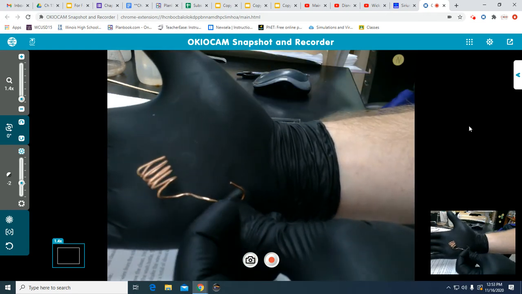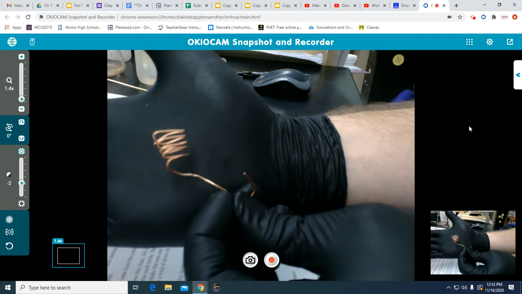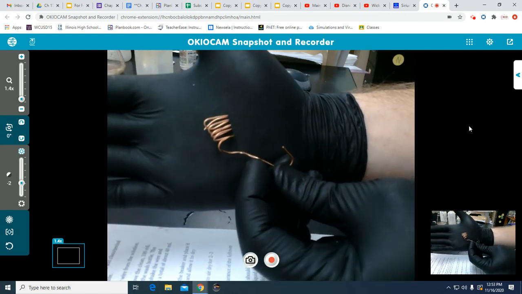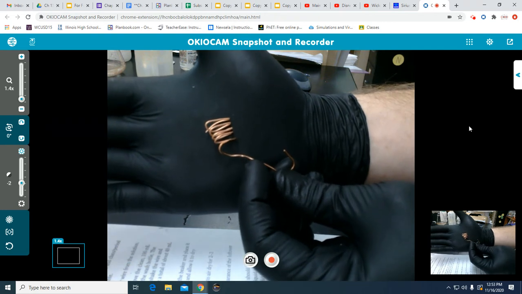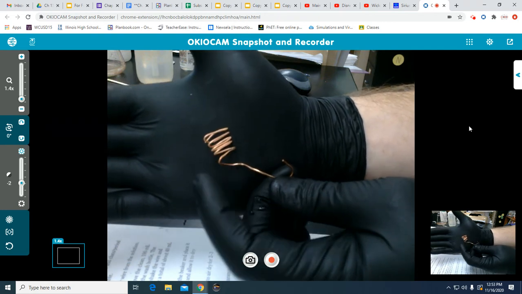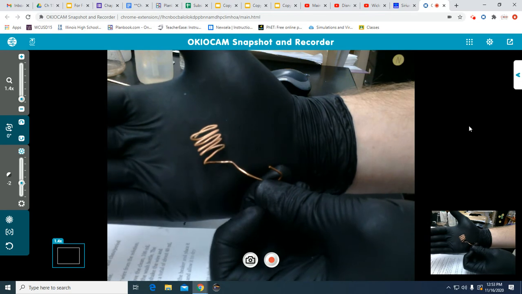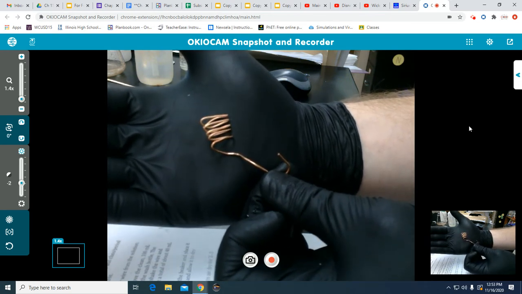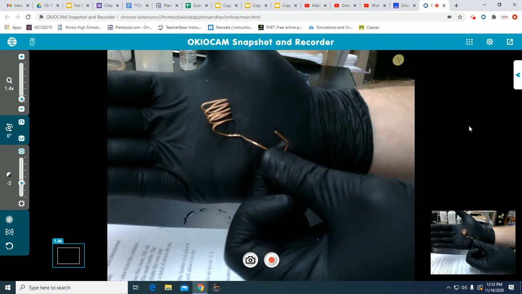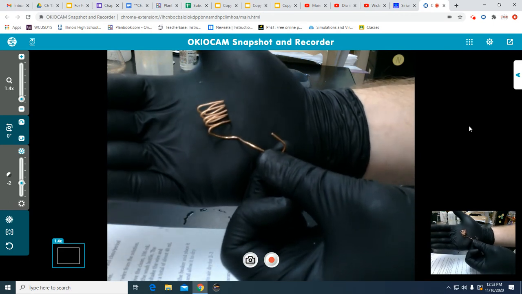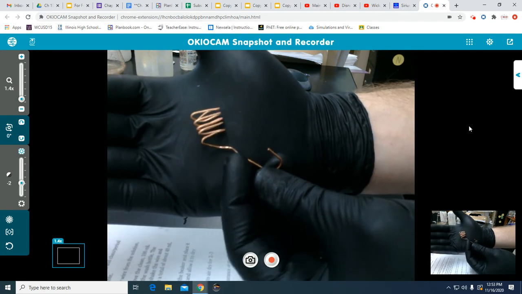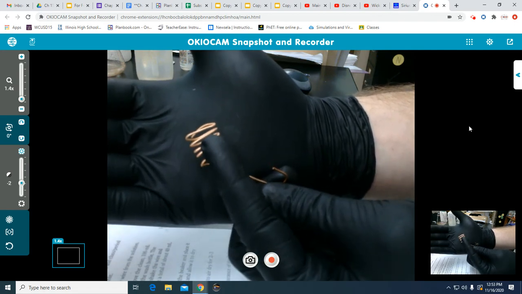If you look up where my fingers are, that was the initial color, what it looked like before it went into the reaction. Now look at it now. How would you describe the difference? It's pretty significant in person. I know it might not be as easy through your computer screens, but you should be able to tell the difference from before and after.